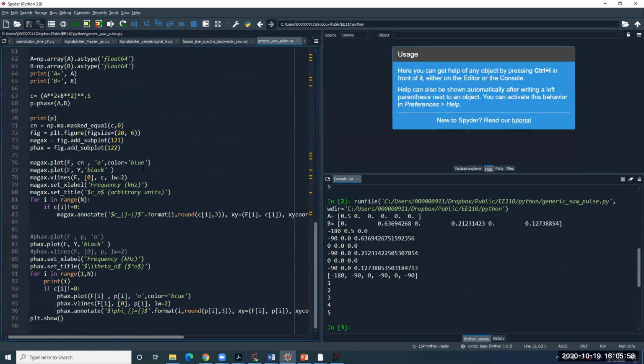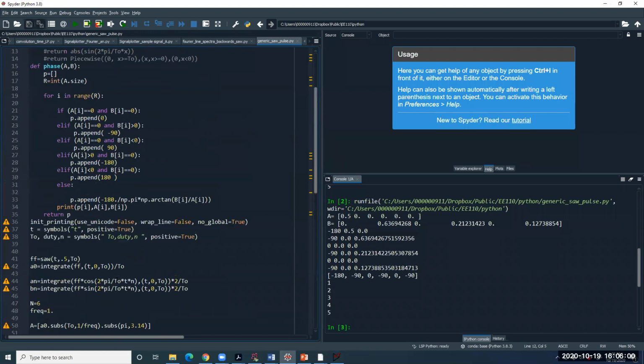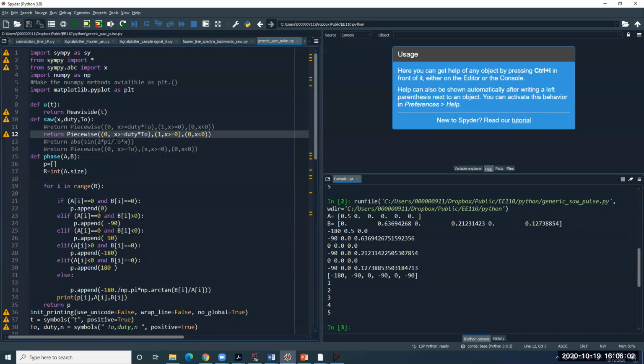So this is a whole lot of what I might call ugly Python code. I'm calling it saw wave, but really there's a duty cycle, and if the duty cycle is greater than some threshold, it's 0 or it's 1, depending on where you're at.